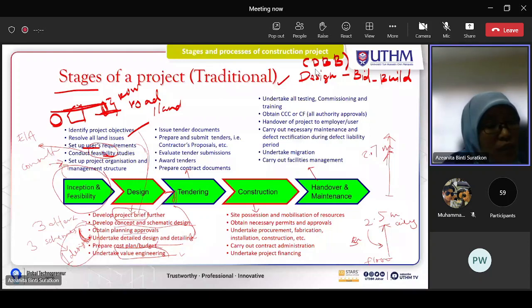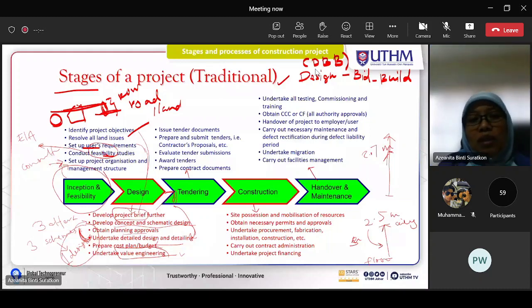Okay, so the tendering process. This is the purpose of tender, actually, to call for eligible contractors to bid for the projects. Okay, so for tendering, there are many types, whether it is an open tender, a selected tender, or a direct nego.